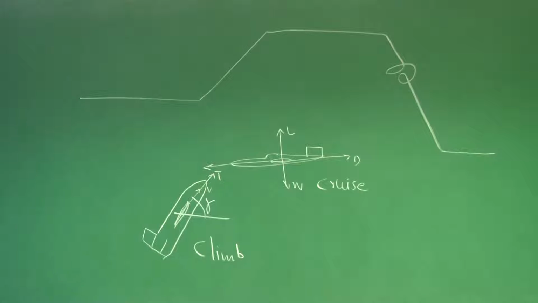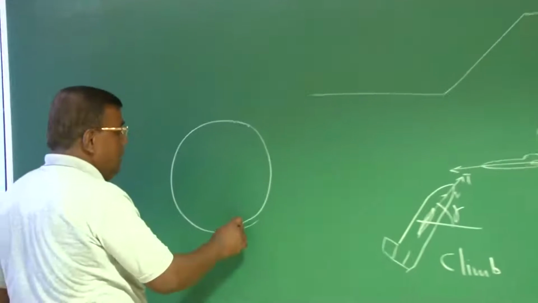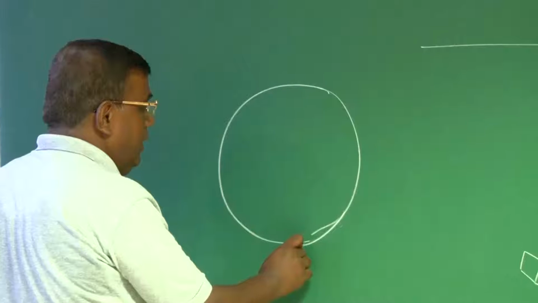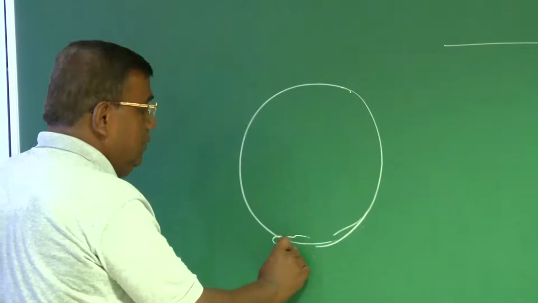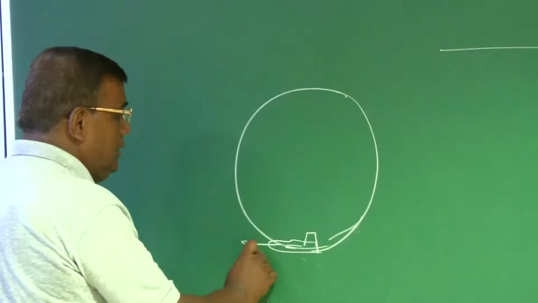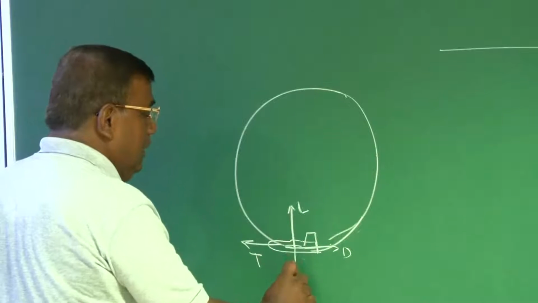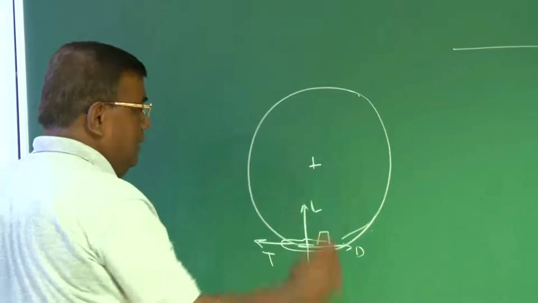And we can also recall we have done something on maneuvering flight where we draw the schematic as this. This is thrust, this is drag, this is lift, and this is weight, and this is radius of turn.